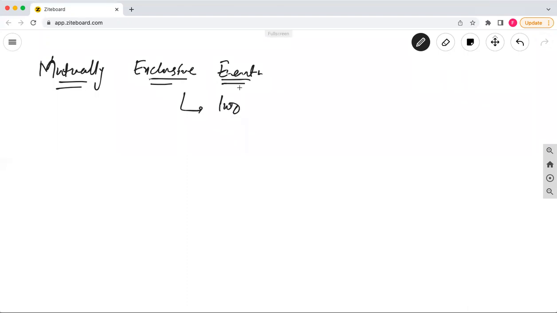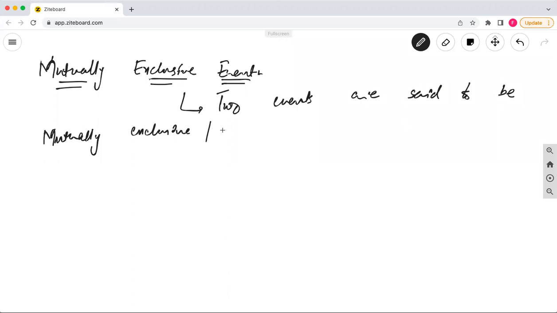Two events are said to be mutually exclusive, we can also call it disjoint, if they can't happen or occur at the same time.